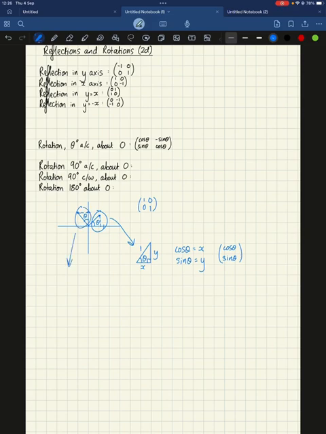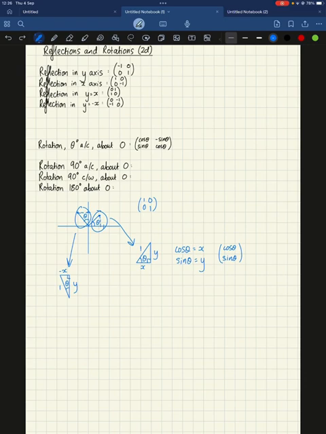Now for this triangle over here, this is theta now, that's the right angle, and this is 1. Now this is x, but because it's going in this direction, x is negative, so it's going to be negative x, and then this is still y because it's still going up here.